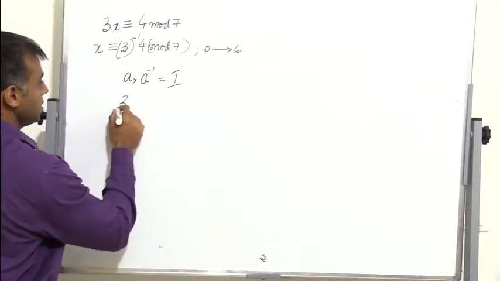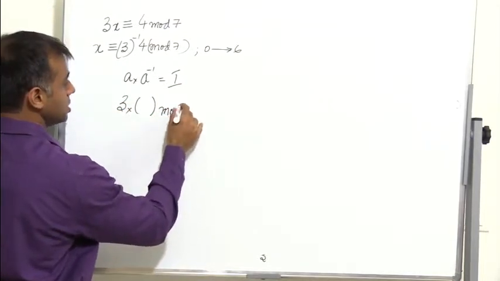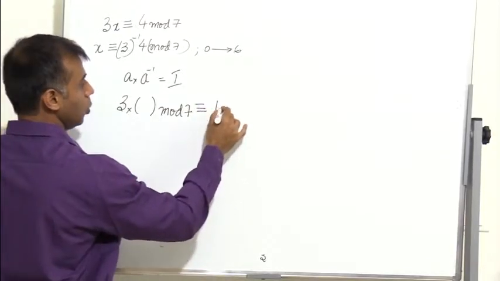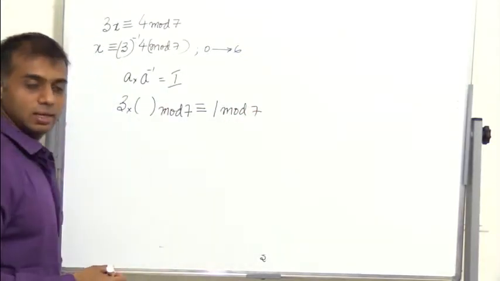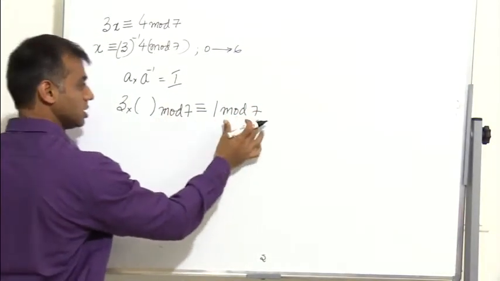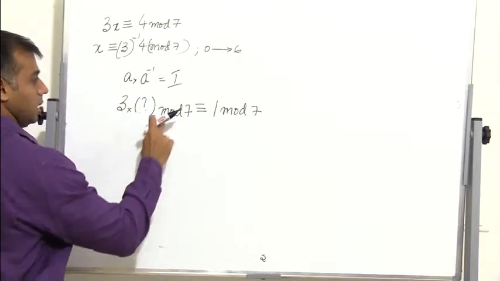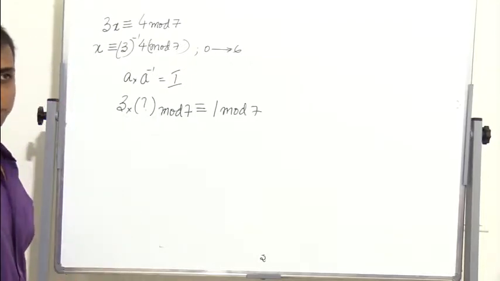So here 3 times another number operating in mod 7 should give me 1 mod 7. So 1 is the identity element here, since we are operating in mod 7.